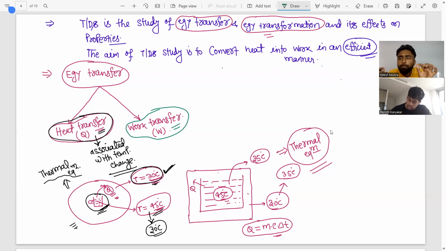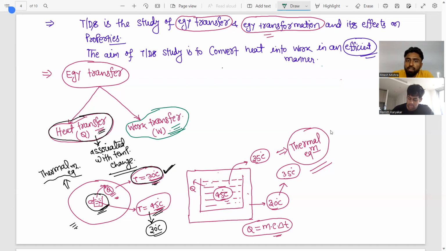If the temperature of the two devices is the same, but there is an energy transfer between those two devices, then we call it work transfer. That means work transfer is caused by reasons other than temperature change.